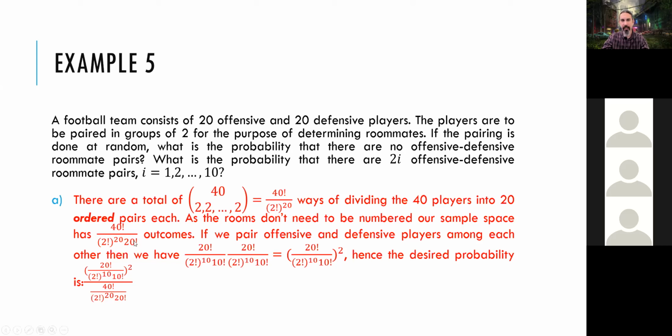Now this can be done for 20 players as well, because I'm going to try to pack the offensive players together, and I'm going to make sure that the 20 defensive players are packed together as well. So I'm just going to pick the 20 offensive players, put them here, and I will start pairing them randomly. Now again, I'm going to use the same strategy, but instead of 40, I have 20.